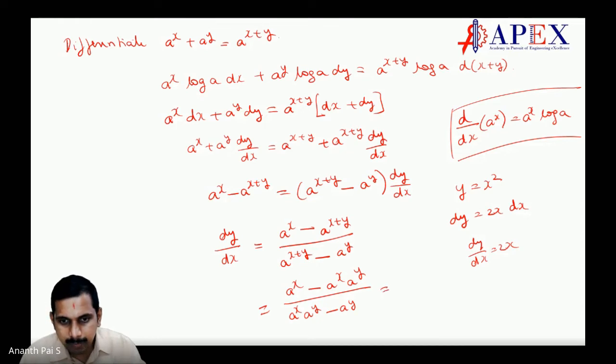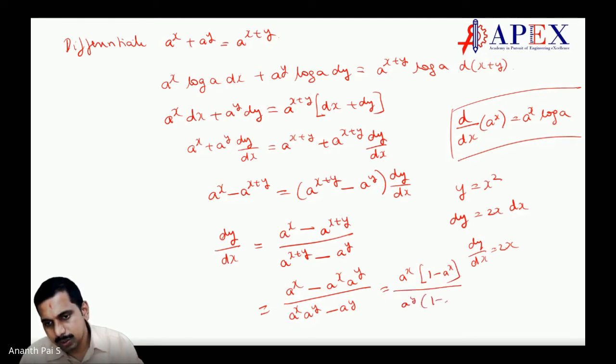From the numerator we can take a power x outside. What remains inside is 1 minus a power y. From below we can take a power y outside. What remains is a power x minus 1, correct?